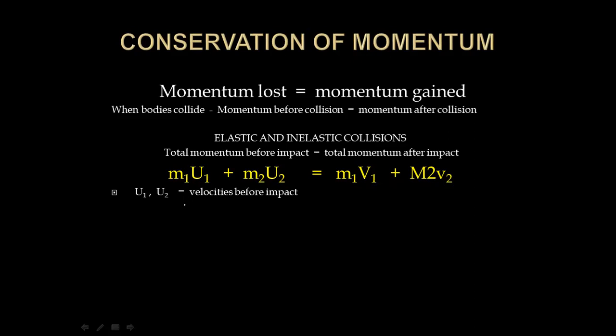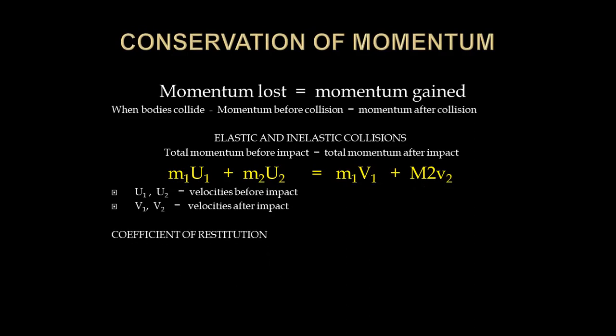Variables u1 and u2 are the velocities before impact for the first and second masses respectively, while variables v1 and v2 are the velocities after impact for the first and second masses respectively.